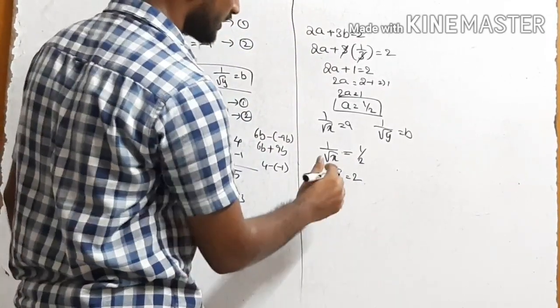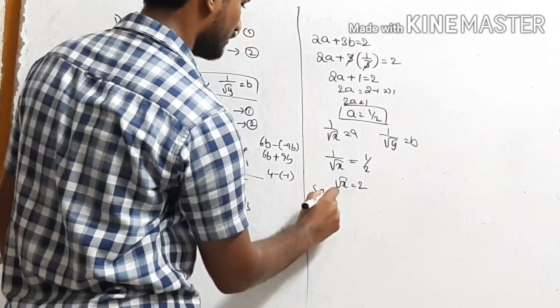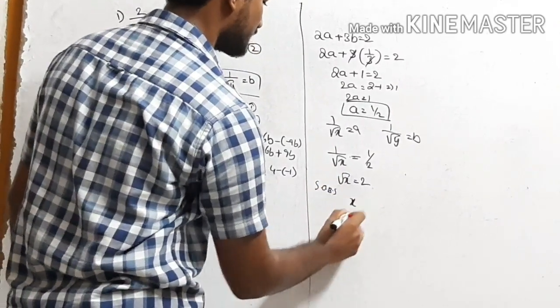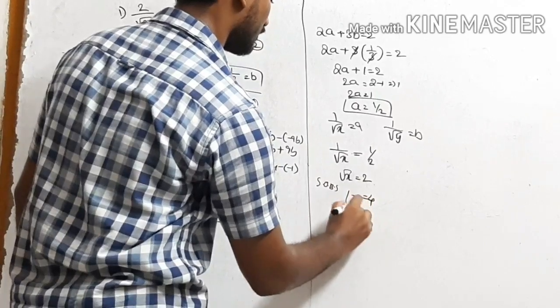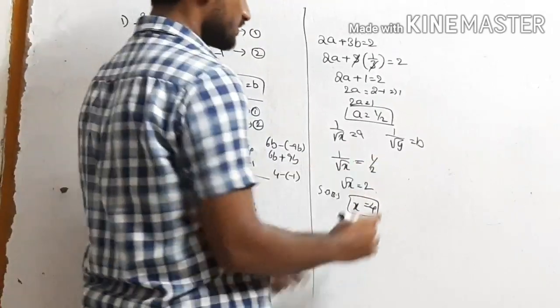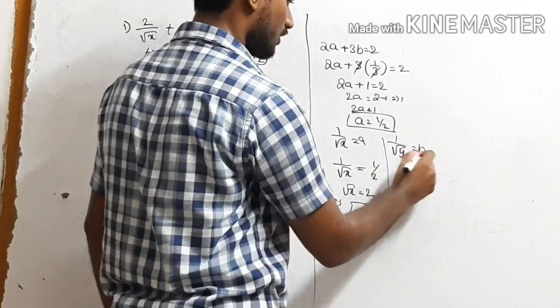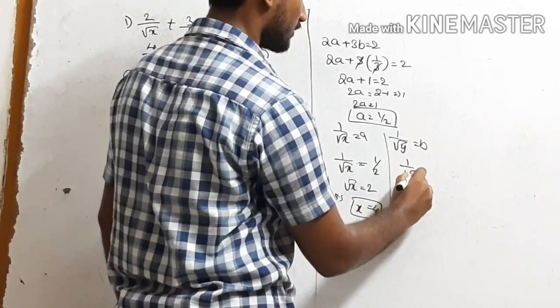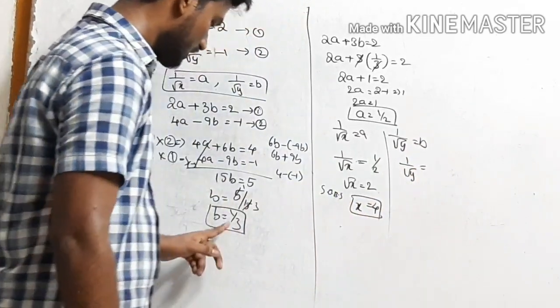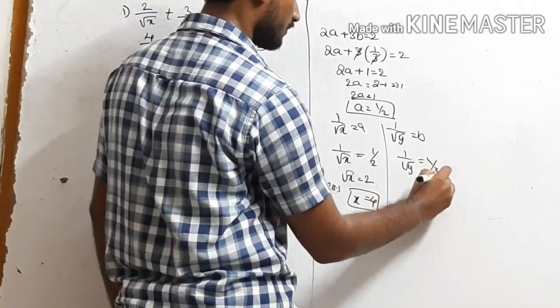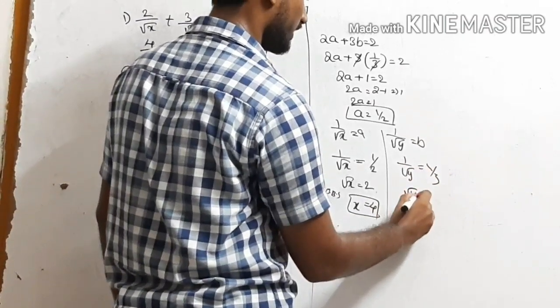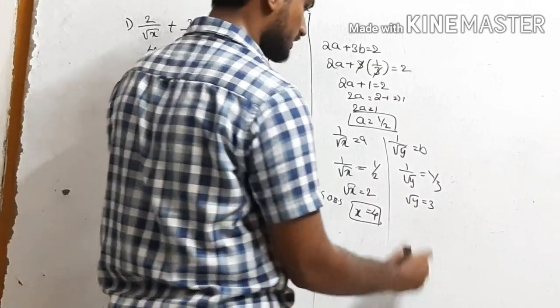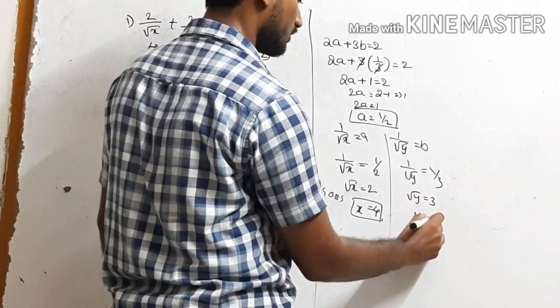Then by squaring on both sides, x equals 4. Now take the b value, that is 1 by 3. By cross multiplication, root y equals 3, and squaring on both sides, y equals 9.